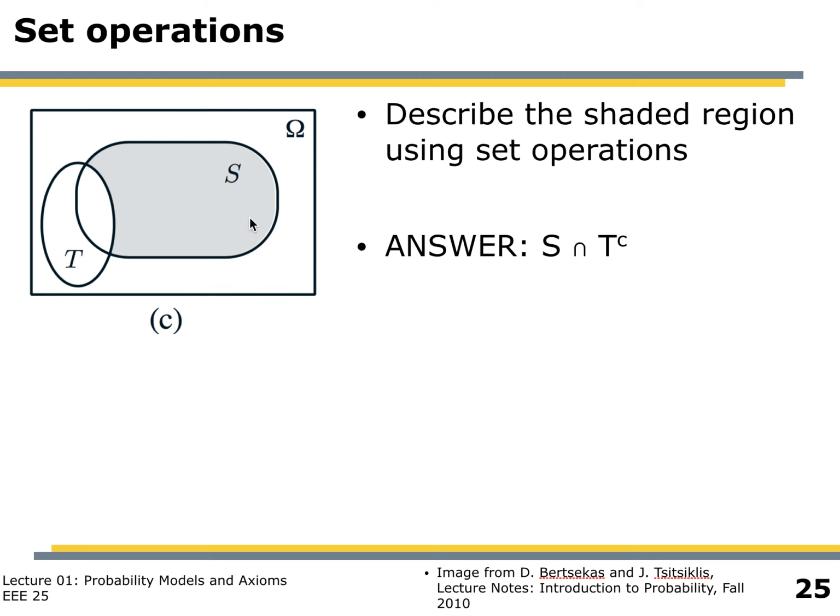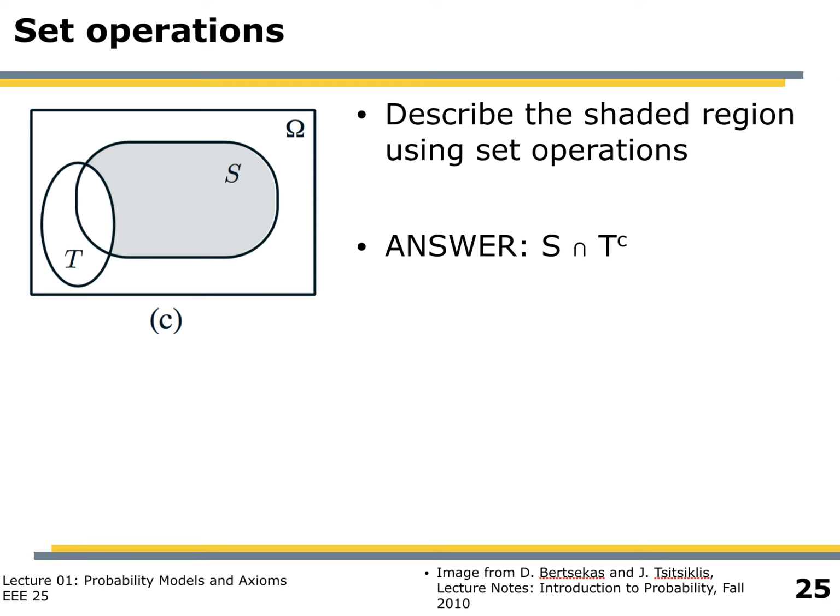Now set S would refer to this oval right here, and if we get the intersection of S and the complement of T, then we are referring to elements that are present both in S and the complement of T. And we know that the intersection of those two shaded regions would be this darker gray area right here. So that's why this is the answer. Okay.